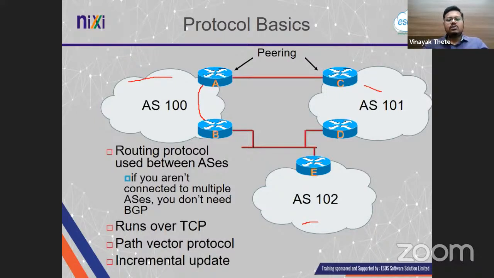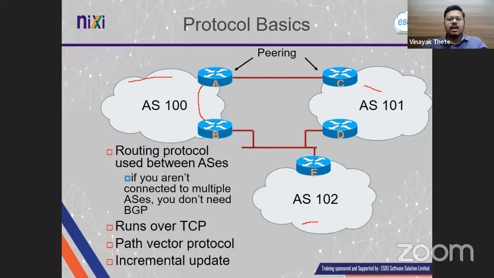BGP runs over the TCP protocol, which works at layer 4, and a three-way handshake is done to bring the BGP peer up. It is a path vector protocol, and incremental updates are used.